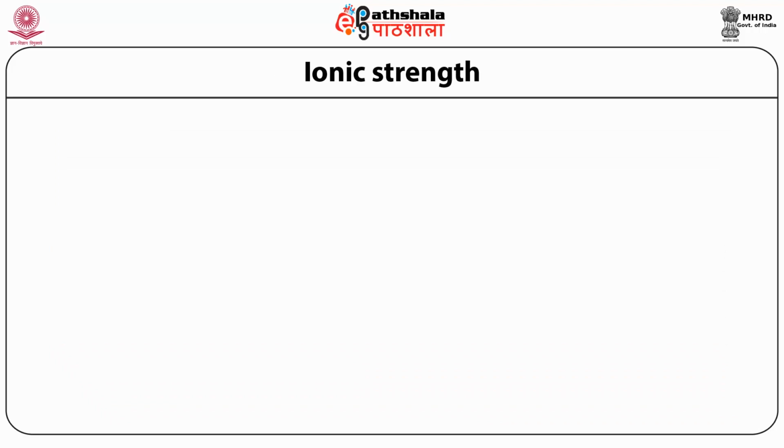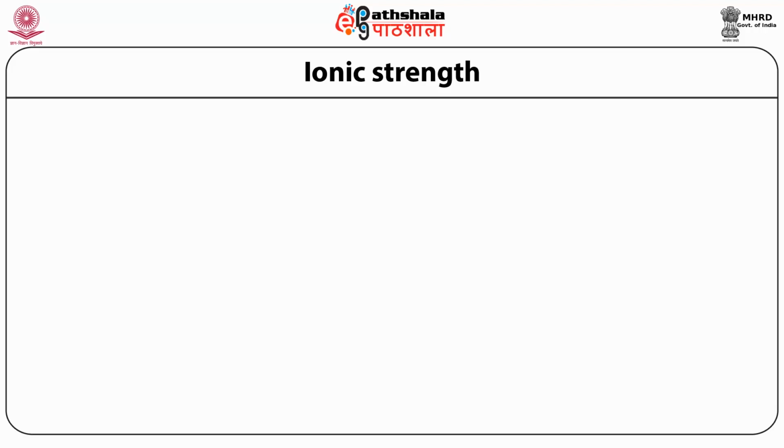As I said earlier, hydrogen ion concentration and hydrogen ion activity are related with each other, and a term has come as the activity coefficient, and it is also known that the activity coefficient reaches unity when the ionic strength of the solution is very low.